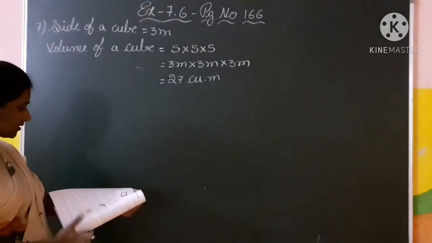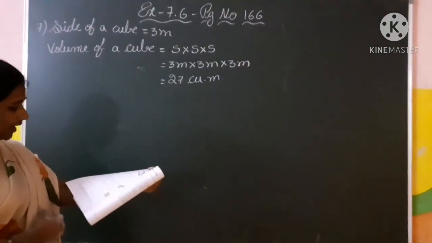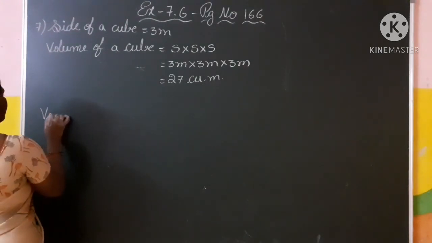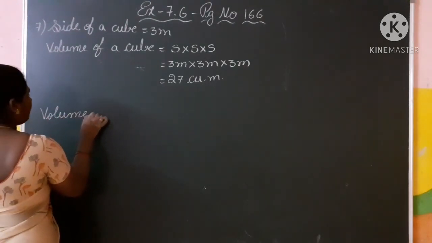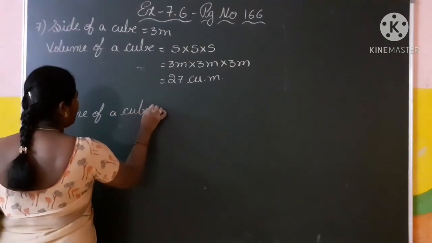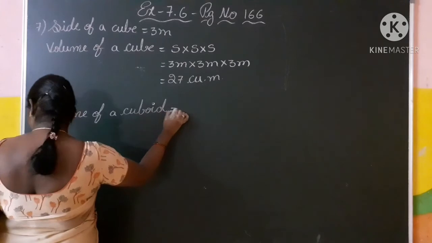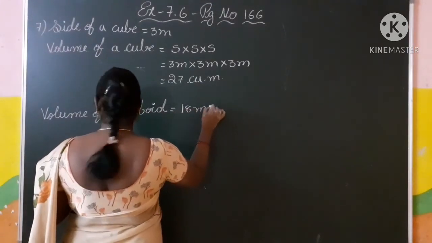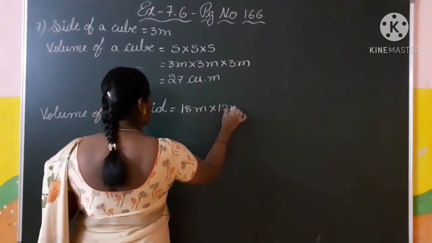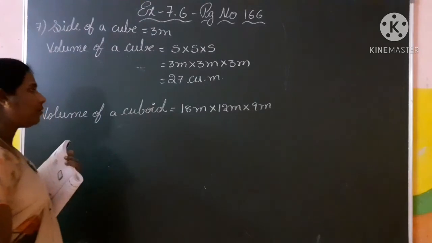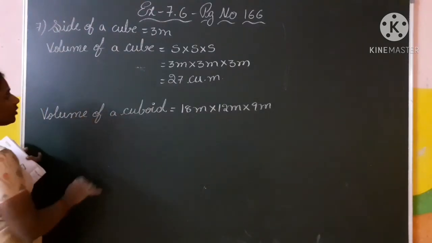Next, they gave the cuboid. The volume of a cuboid is equal to 18 meters into 12 meters into 9 meters. It will be kept like this only.